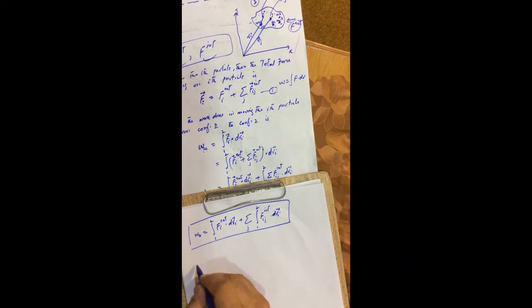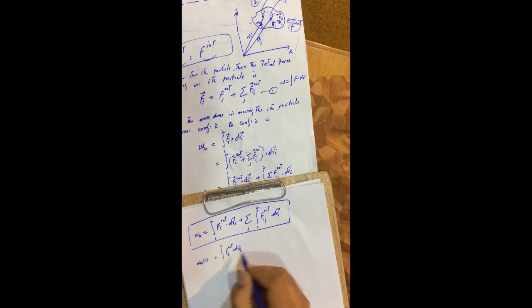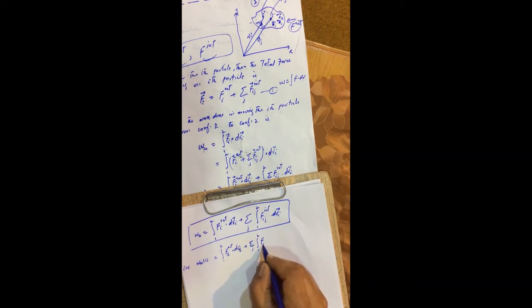Suppose the work done in moving particle 1, where the 1 in this bracket represents particle 1, from position 1 to position 2, or from configuration 1 to configuration 2, is the integral from 1 to 2 of F1 external dot dr1, where I replace i by 1 in this equation, plus the sum over j of the integral from 1 to 2 of F1j internal dot dr1.